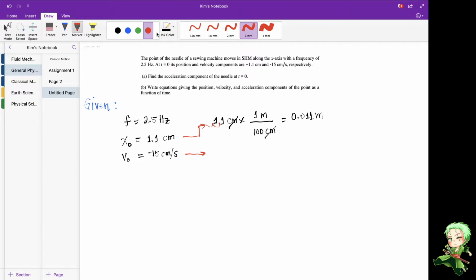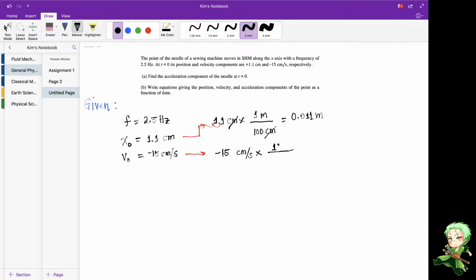Now for the velocity, the same goes. You need to convert it into SI. So you have negative 15 centimeters per second. You don't have a problem with seconds because that is the SI unit of time. You have a problem with centimeters instead.